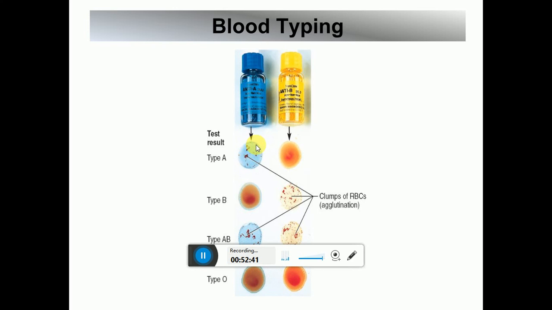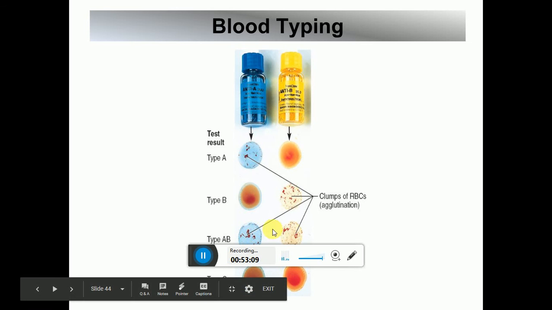Because it happened with the anti-A serum, this individual had the antigen A on top of its RBCs that were attacked by the anti-A's, and that's why this individual has blood type A. If you look at this one, the agglutination happened with anti-B, so this individual has blood type B. If the agglutination happens in both, that person is blood type AB.